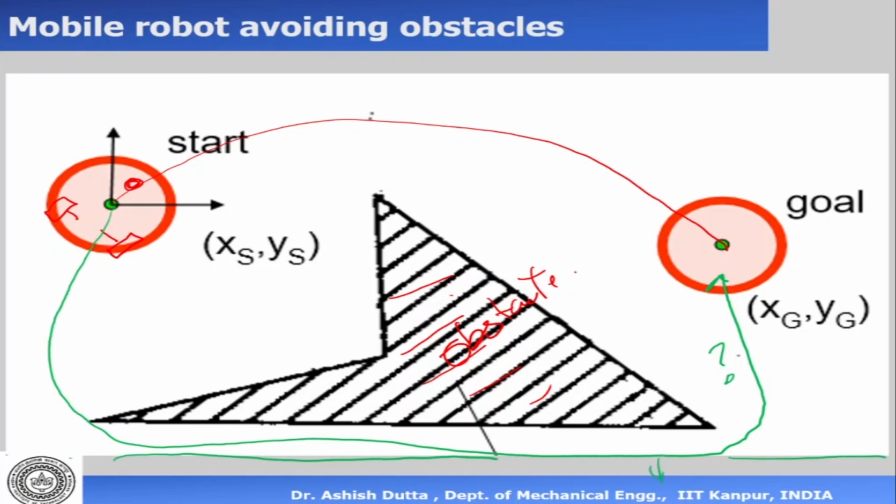So simply by looking at this picture, it's actually not very easy to say. Can this robot go here? It cannot, because this side is coming outside the work area, so it cannot go. Again, I have eyes, so it's very easy to see and say. But suppose the robot does not have eyes, how will the program figure out whether the robot can go or cannot go in this area?